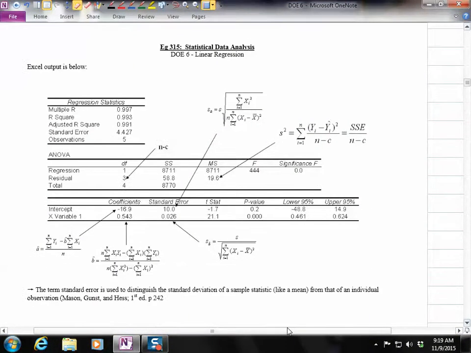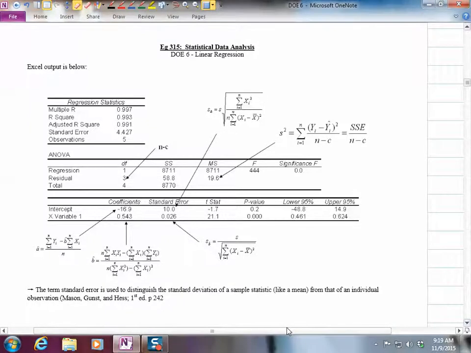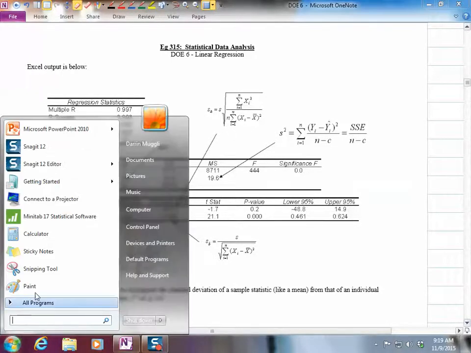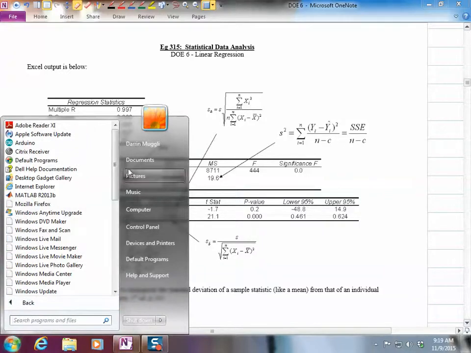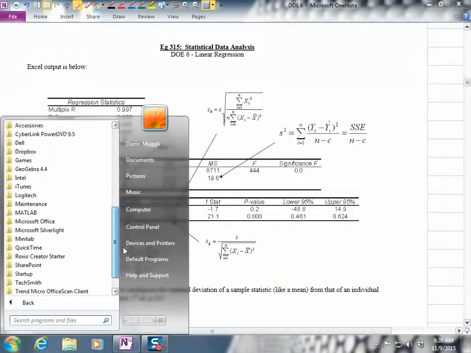Now, how do we read this stuff on Excel? So nobody's really done much of a linear regression on Excel, right? Okay. Let's see if I've added in the analysis toolpak in this one. If not, I'll do that later.